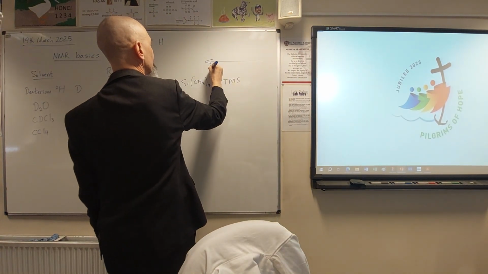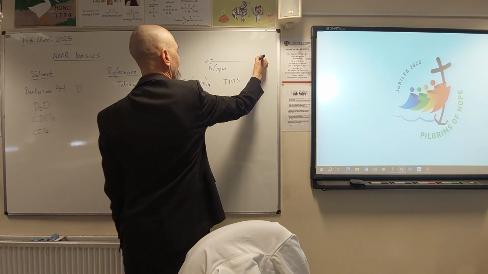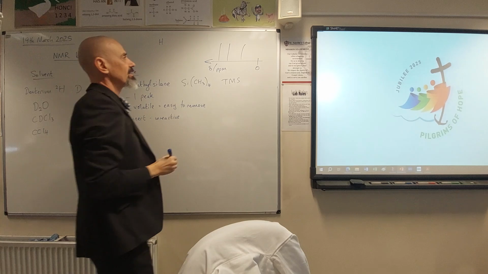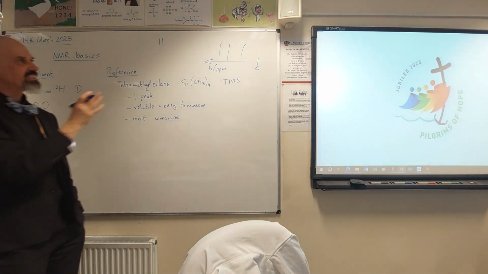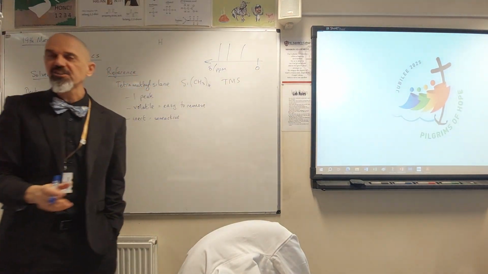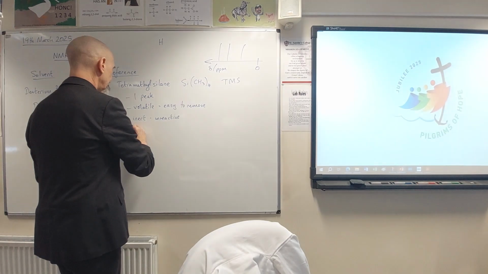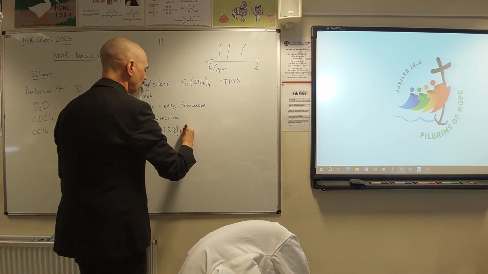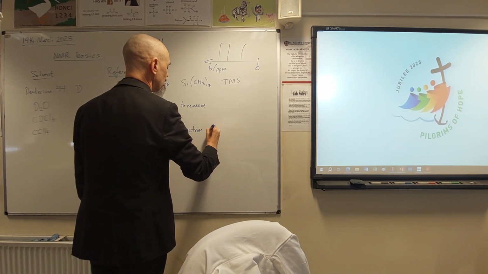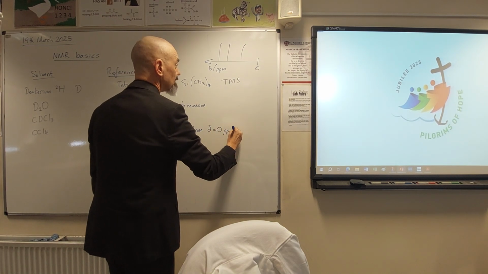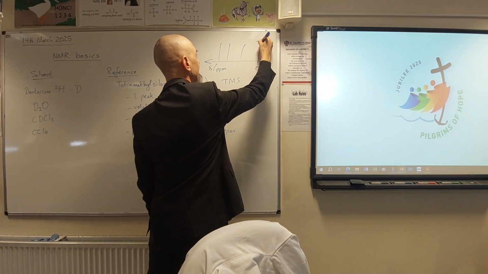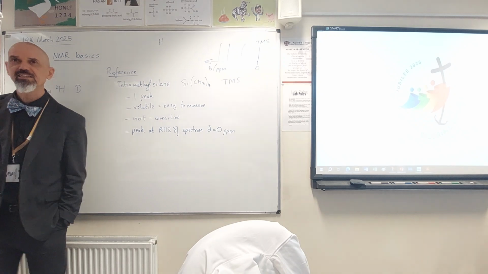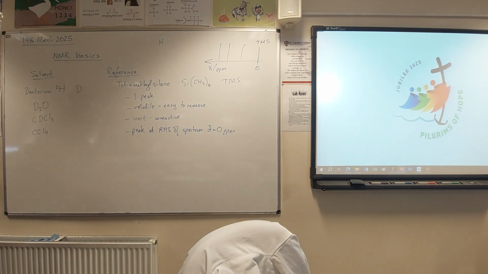When we look at our chemical shift axis, which has 0 on the right hand side, most of the peaks are going to be kind of along here, the TMS peak is going to be right over to the right hand side. In fact, it's 0 by definition. So we'll get a peak over there for TMS, and then we know what that is, and we can ignore that. We know that's not part of the molecule we're trying to identify.